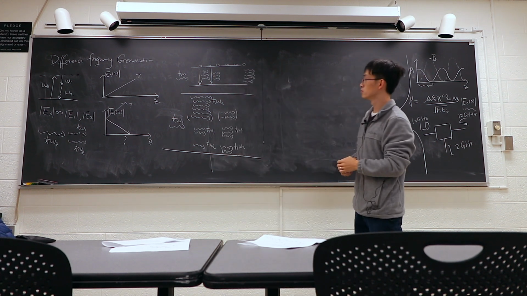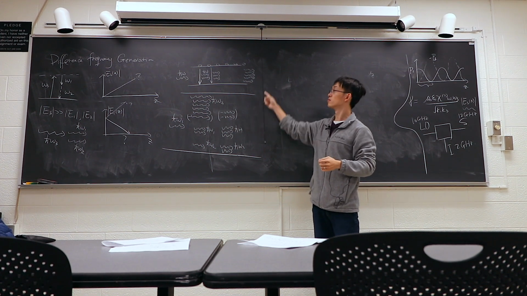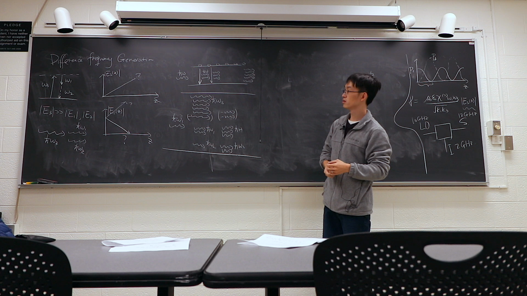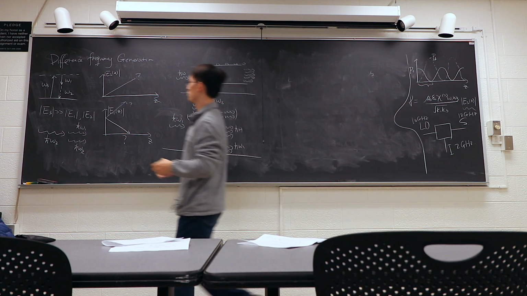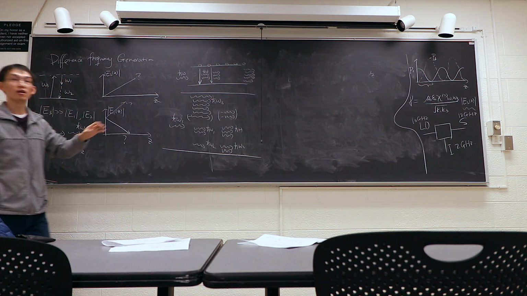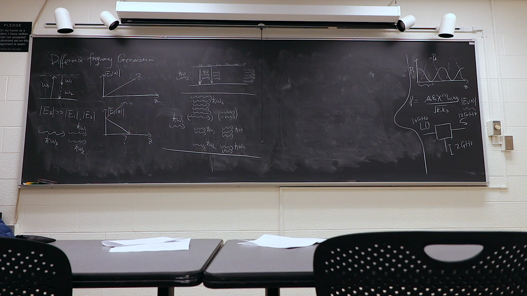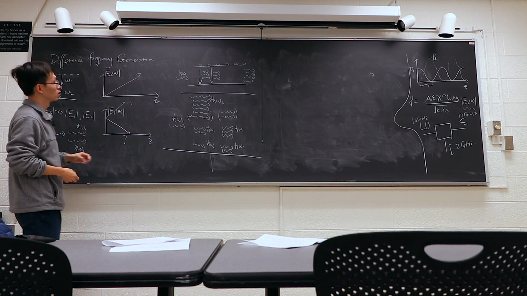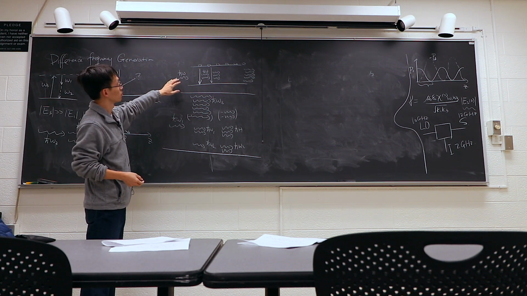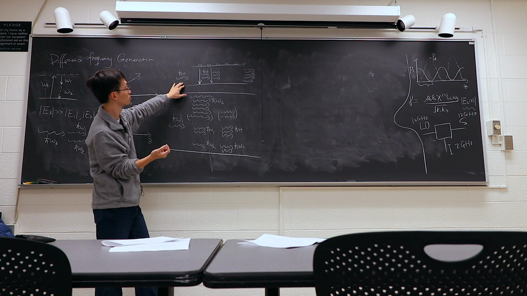So the critical difference between these two processes, okay, is that you can actually see from this diagram. Compare these two. Okay. So for this one, it's like a very normal amplifier.